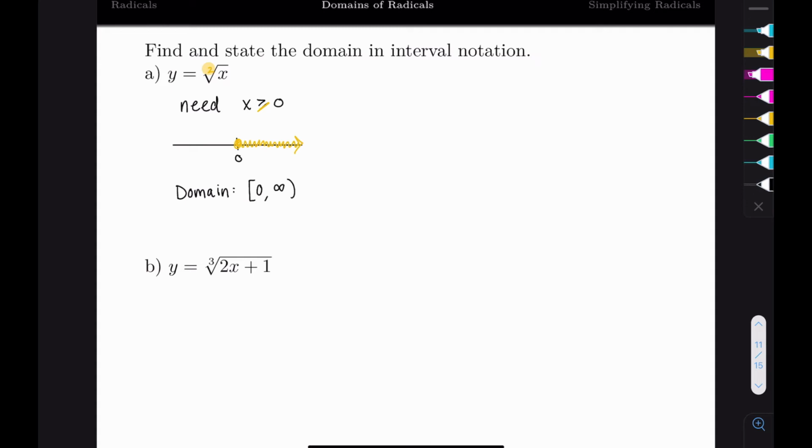For this next one, we have a cube root. And thankfully for a cube root, I have no issues. It's perfectly fine if this expression is negative, if this expression is 0, or this expression is positive. So really, since there are no issues, we can plug whatever we want in for x.